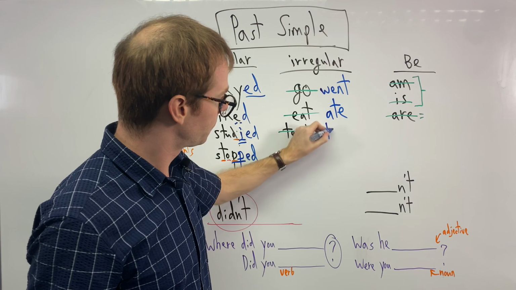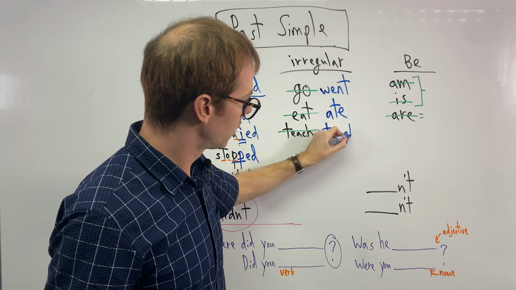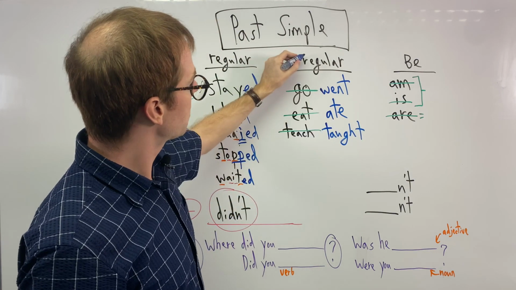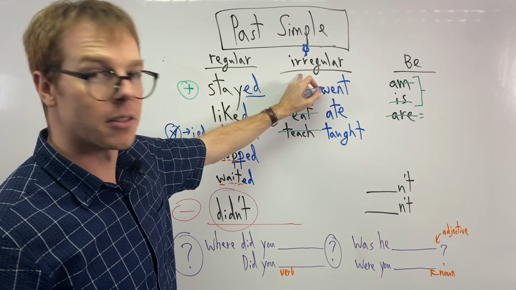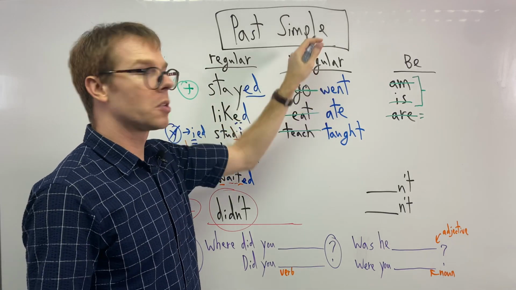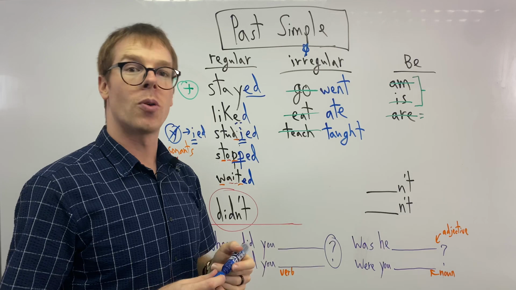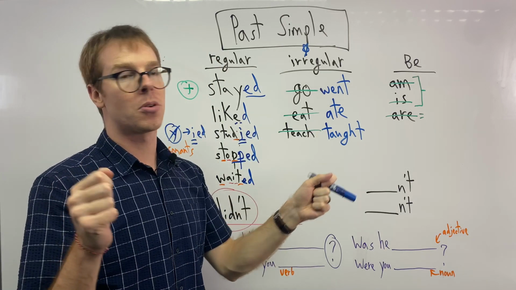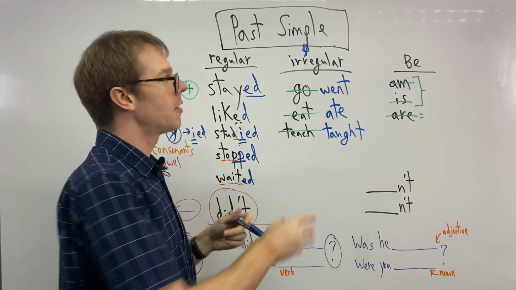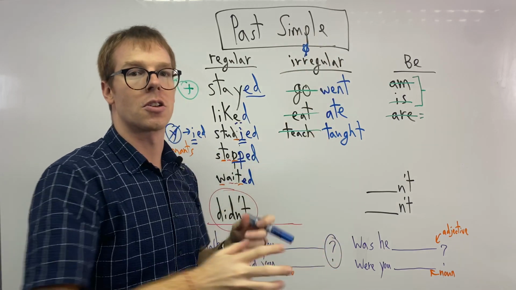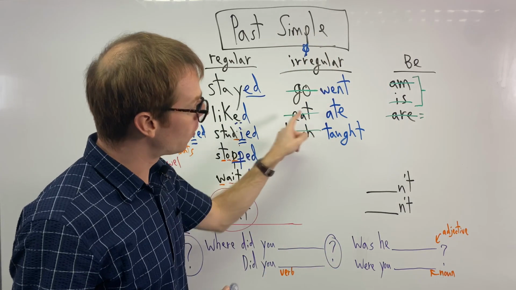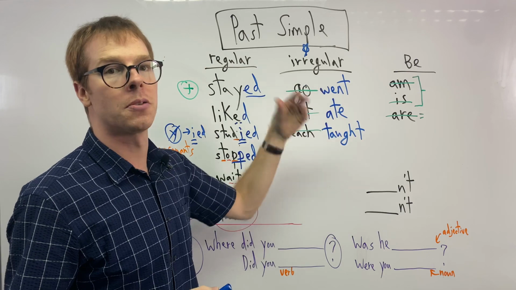And teach, we have taught. These kinds of words, the irregular verbs, you have to learn on your own. If you have an English book, in the back of the book, often they have a list of irregular verbs, so you can learn these and make sure you know when to use this special form.